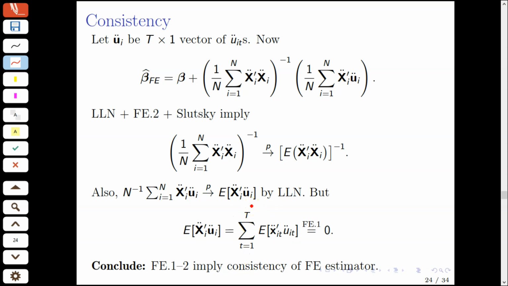And now we see that by our assumption of strict exogeneity and using the law of iterated expectations, we can show that the whole thing is in fact 0.